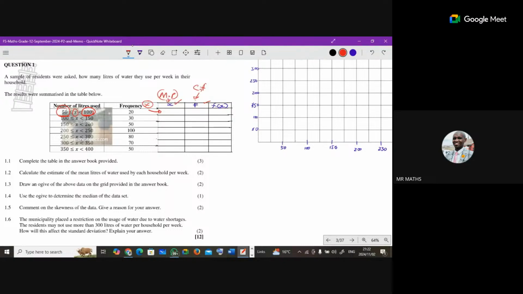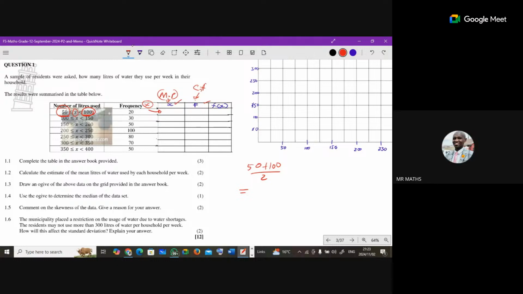Khona ufuna i midpoint maximum plus minimum uyi-divide ngo-2. So uzafumana bani? 50 plus 100 over 2, 75.